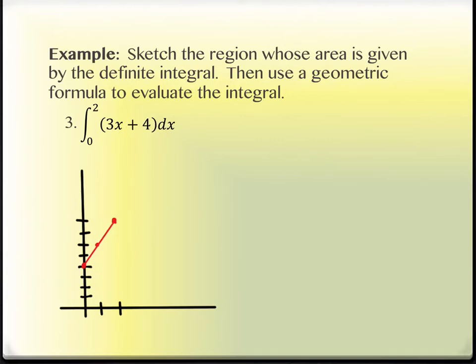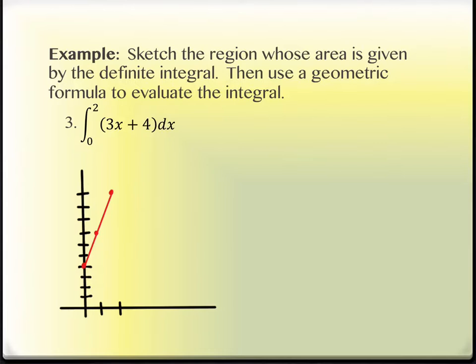Okay, did I get it okay? Oh, it was 3. Sorry. Up 3 and over 1. Oh my goodness. Let's fix that. Up 3 and over 1. Try again. Okay, how's that? Is that better? I think that's better. Okay, all good?